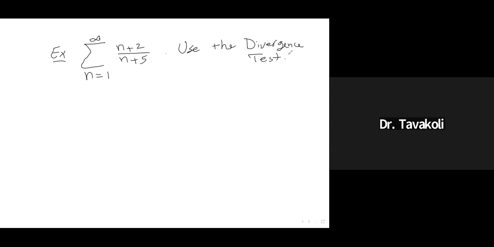I want to use the divergence test to see whether it tells us the series is divergent, or the divergence test is inconclusive and we need some other test. So the general term is (n plus 2) over (n plus 5), and we find the limit as n tends to infinity.